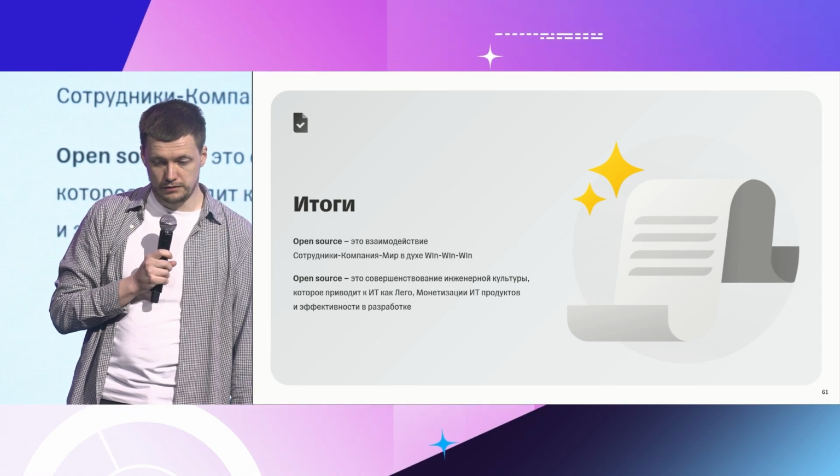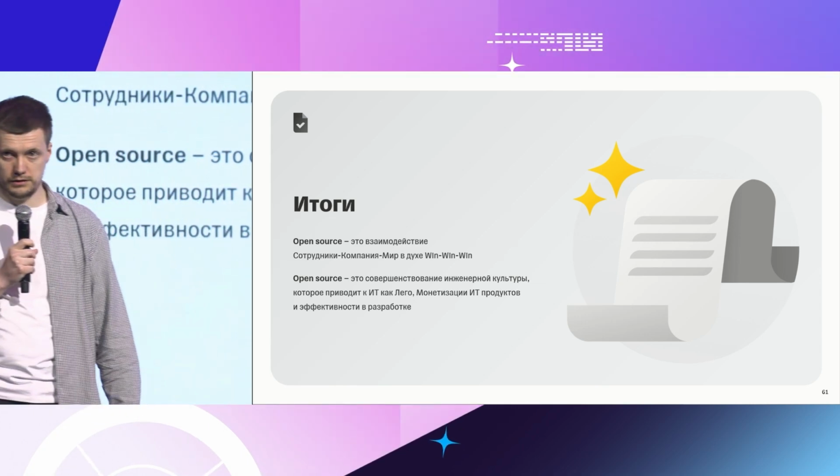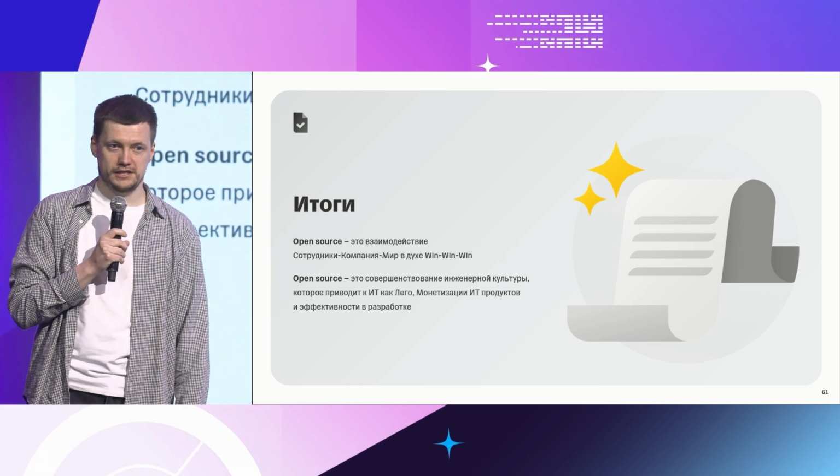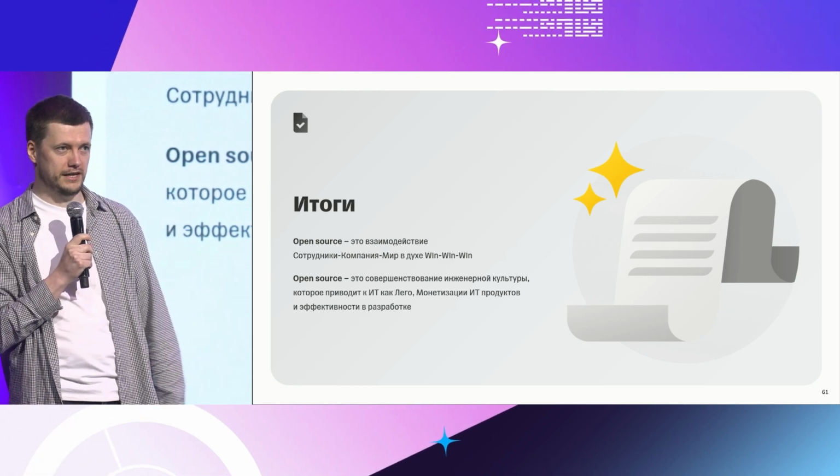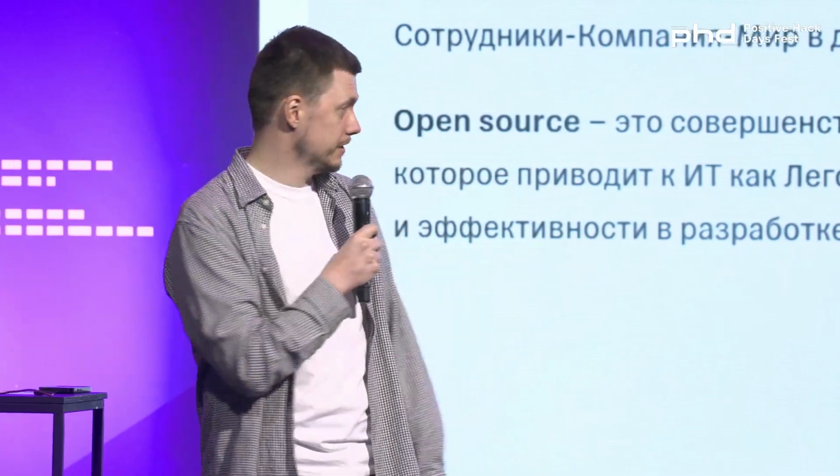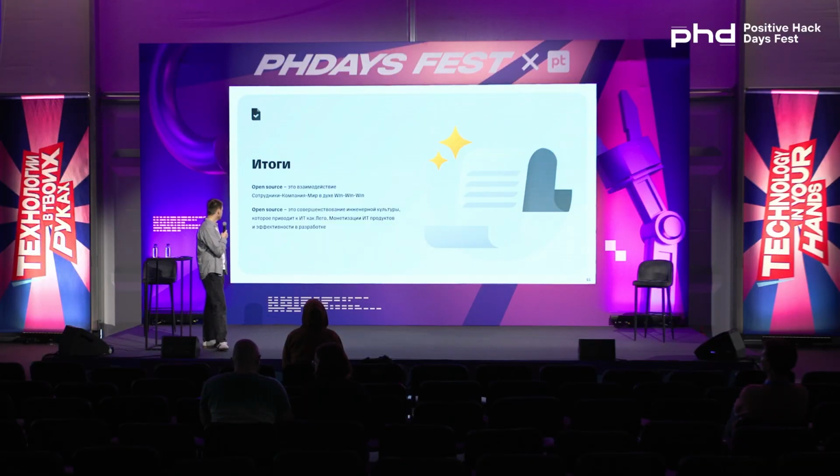And basically speaking, these are the conclusions that I would like to convey to you. There could be different strategies in conflicts, avoidance or compromises, or maybe another one. You can read about it, but open source is a model of cooperation between the employees, the company, and the external world where everybody wins. This is a strategy where everybody is at an advantage. So my goal is to charge you for this.